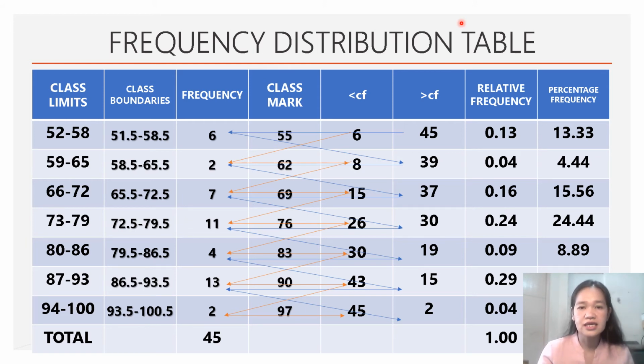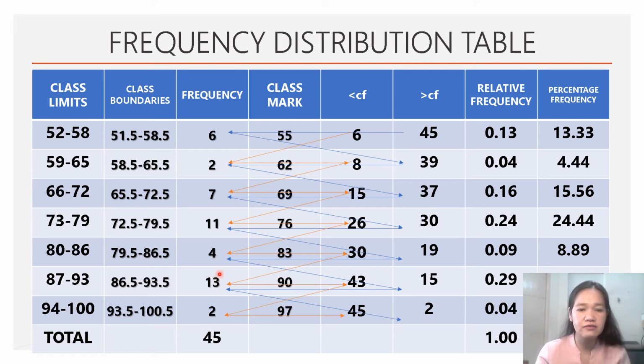To get the relative frequency, we simply divide the frequency of each class by the total frequency. This is the total frequency. We divide that and we get a value of 0.13.